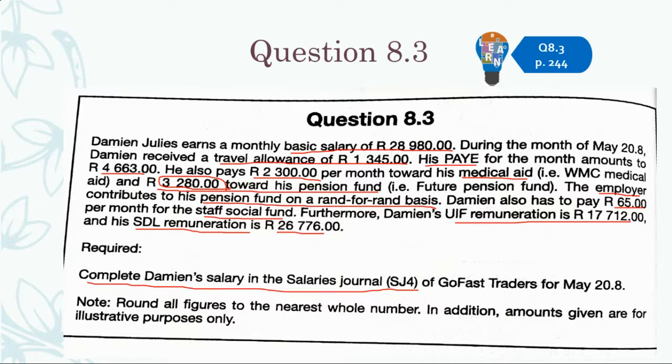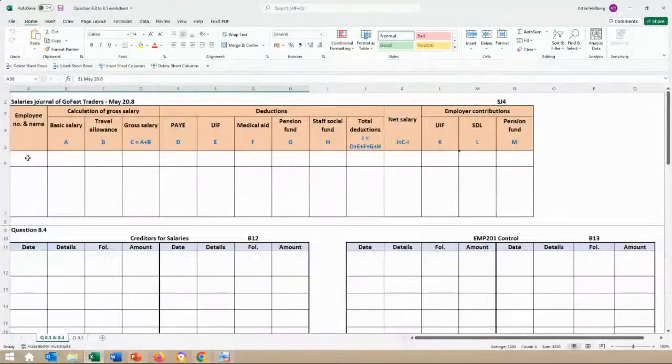Okay, so let's go fill in the information. So the first thing we need to do is fill in who the employee is. Our employee is D. Julies. We do not have an employee number, so we only fill in that.